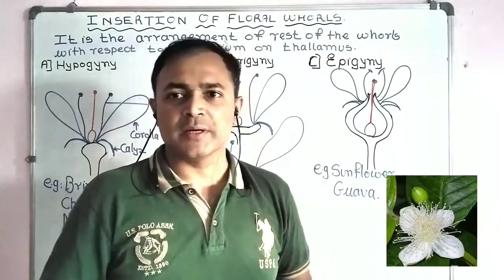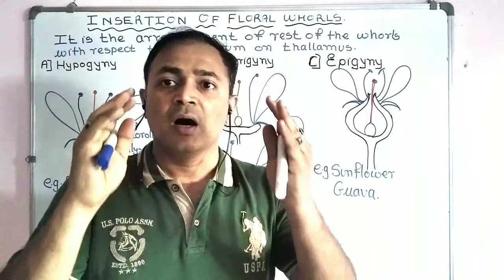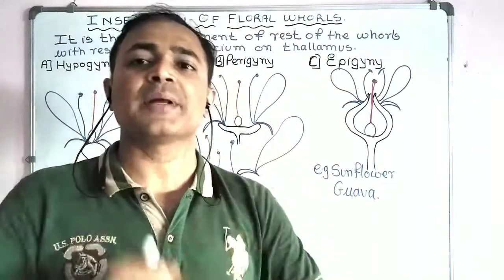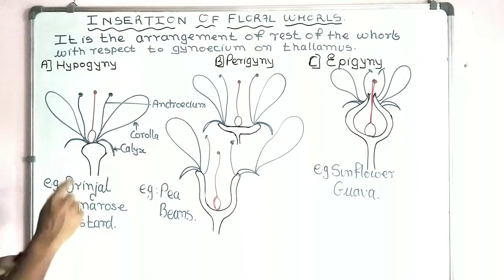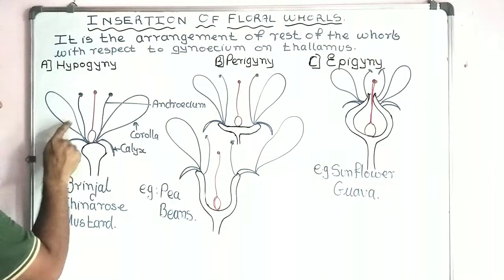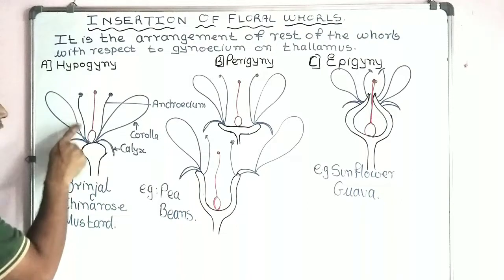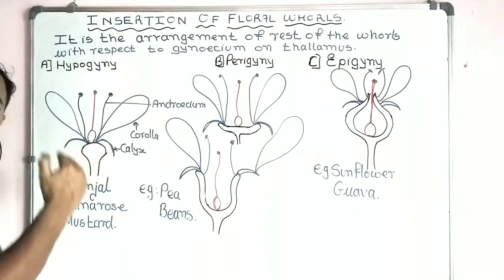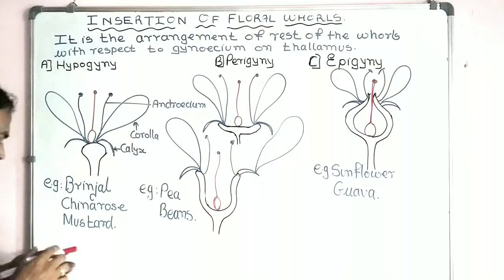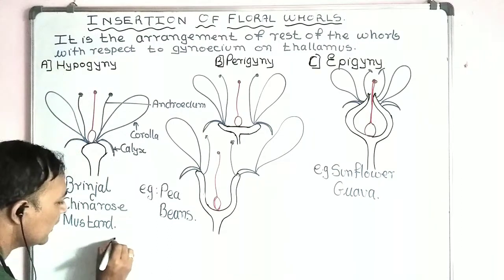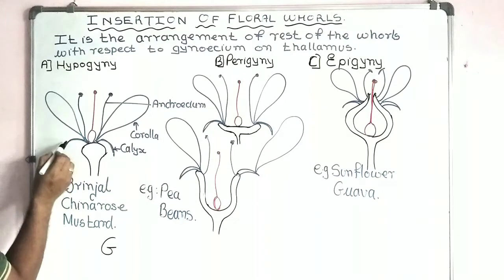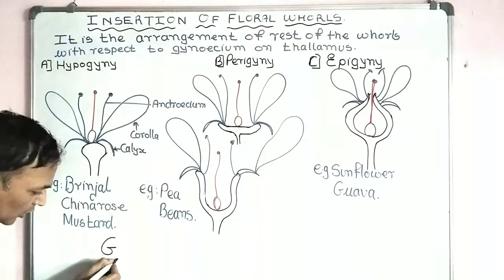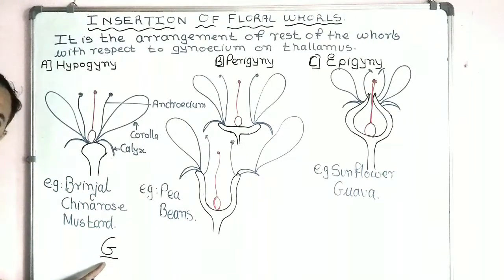Now all these arrangements have a type of symbolic representation. In hypogyny, rest of the whorls are arranged below the ovary, that means below the gynoecium. Gynoecium is represented by a letter G, and these whorls are below the ovary, so we draw a line like this.